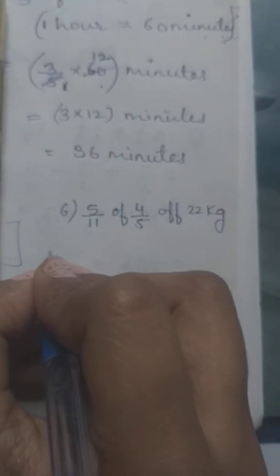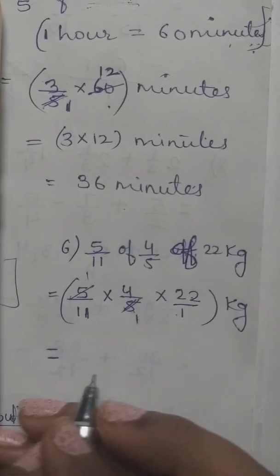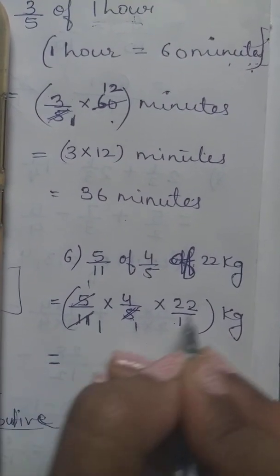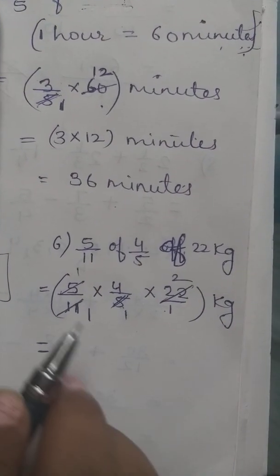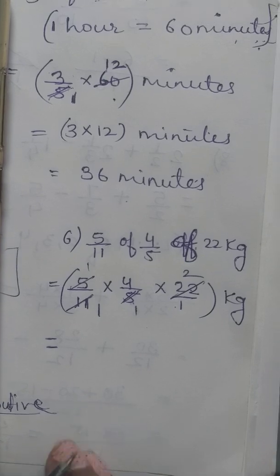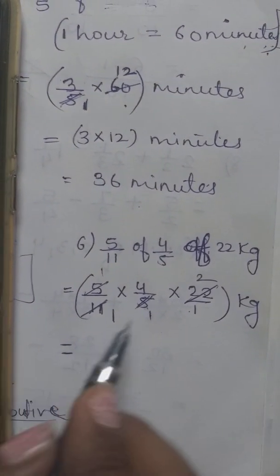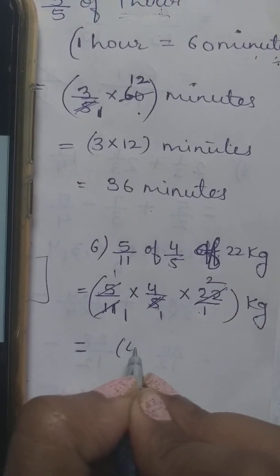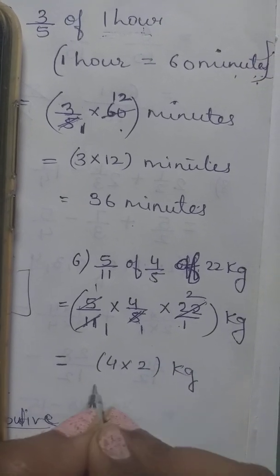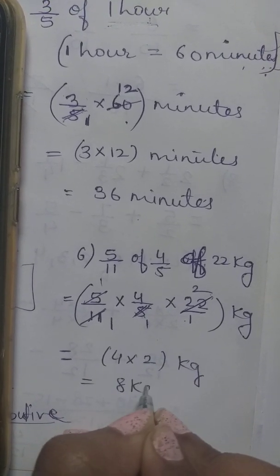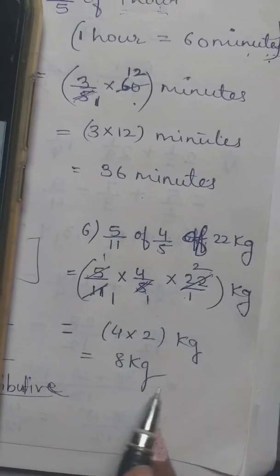Now, 11 ones are 11, 11 twos are 22. What is left in the numerator we multiply, and what is left in the denominator we multiply. Numerator 4 into 2, denominator 1, so we are not going to consider it. 4 twos are 8 kg. So this is the answer.